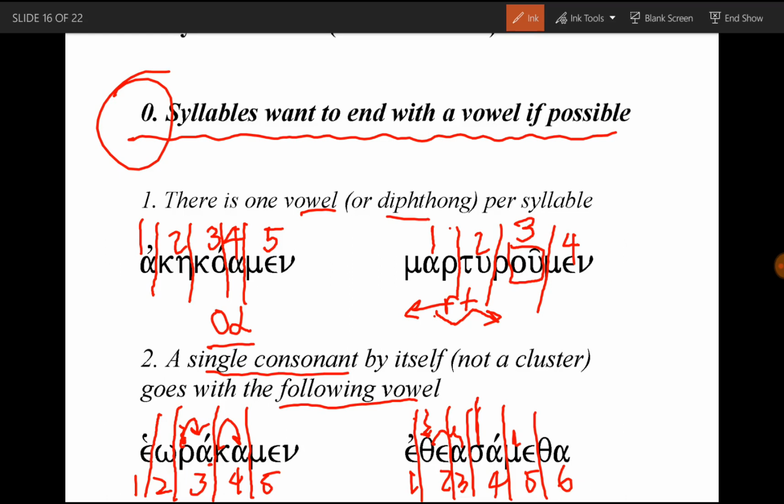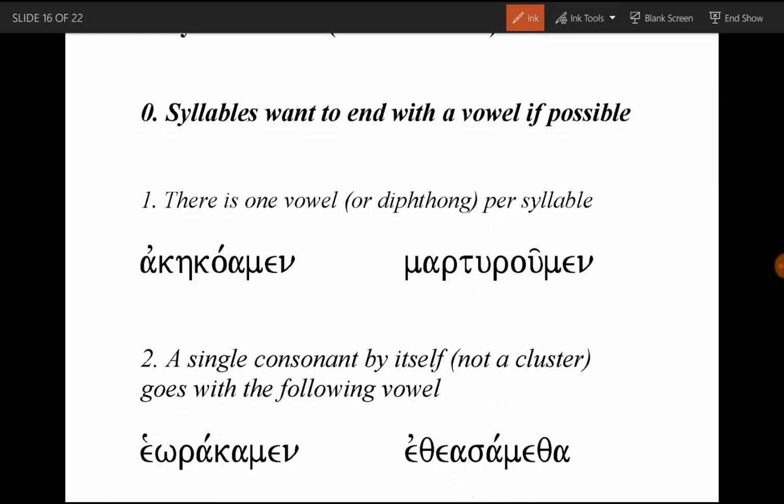So I'm going to clear this. And we're going to read this again, but this time I'm just going to divide into syllables. Ke, ka, amen. So ke, ka, amen. The stress is here. You see where I put the stress.